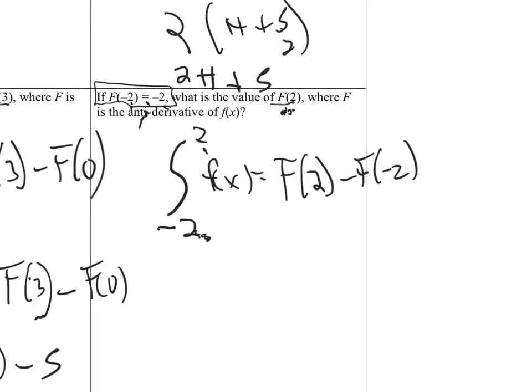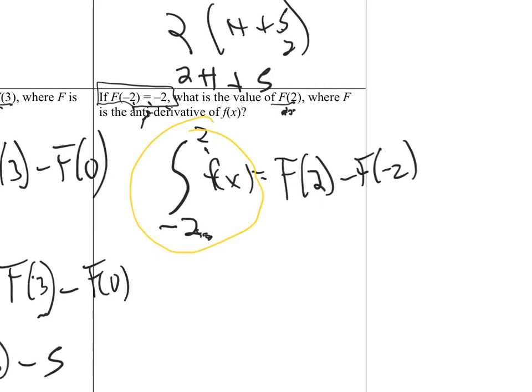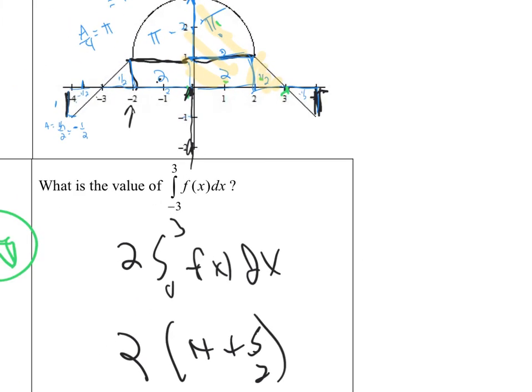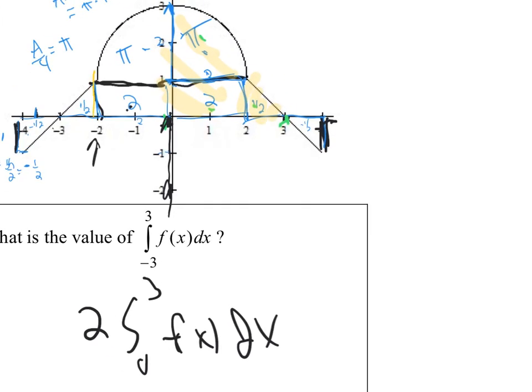Now, technically, all of this is doable from our picture. From negative 2 to 2, we can get that answer. It's 2 quarter circles and 2 rectangles. From negative 2 to 2. So it's a pi plus a pi is 2 pi plus 4.